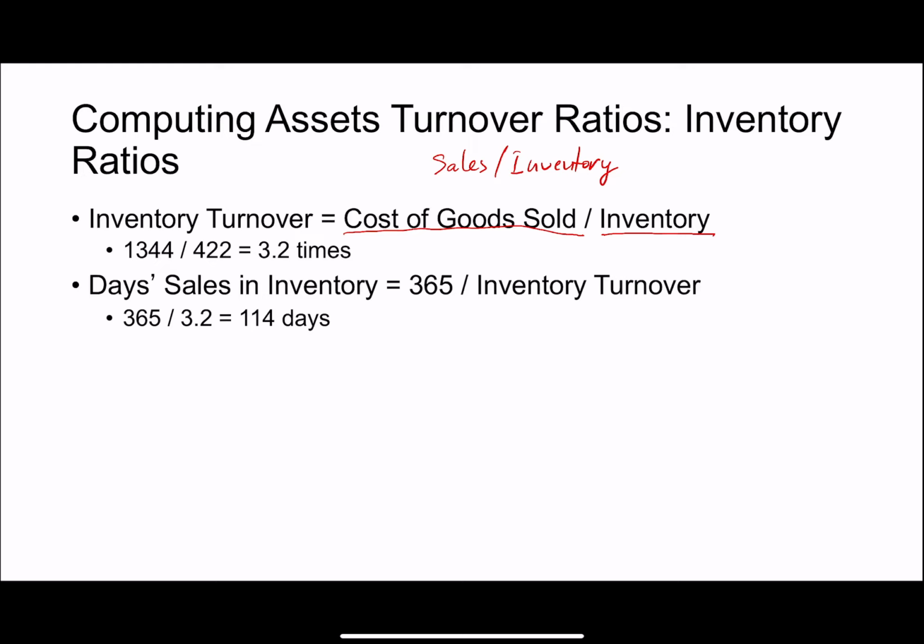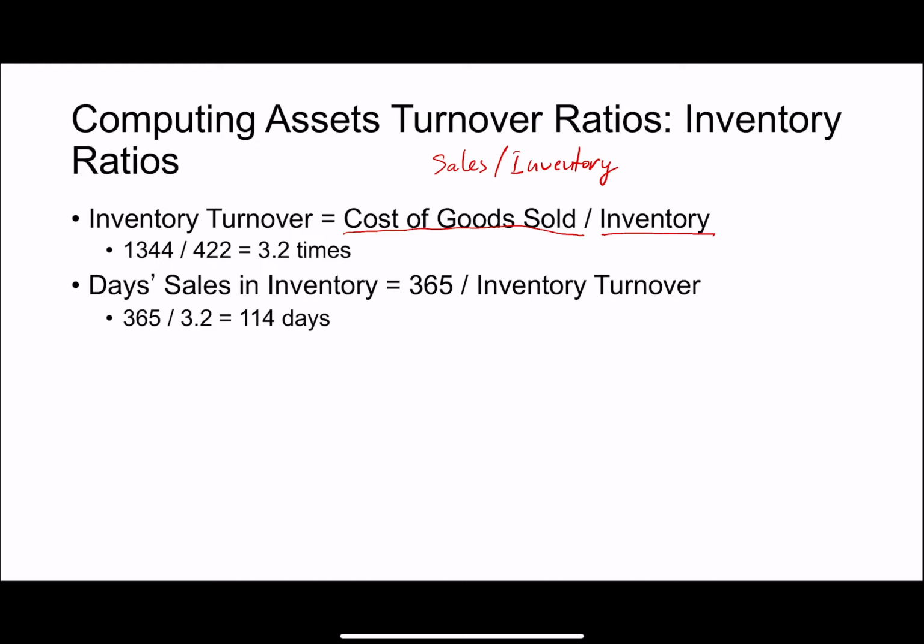Of course, sales divided by inventory will always be higher than cost of goods sold divided by inventory because of the price difference. But if you compare company A versus company B or company A versus industry average, yes, in absolute terms, sales over inventory would be a little bit higher, but relative to your benchmark, that should not make much difference. So it's up to you how you're going to do it.